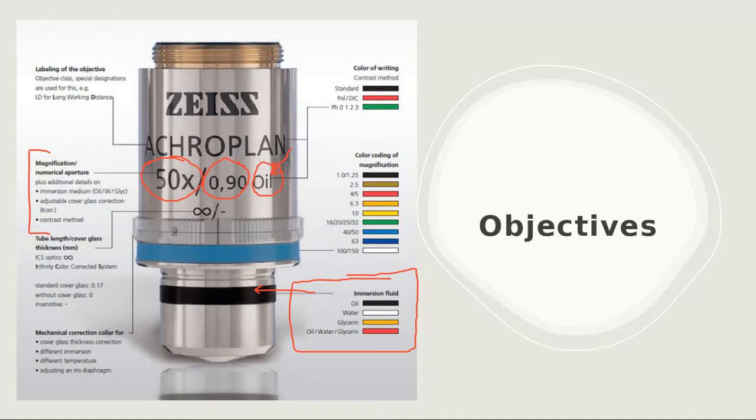Because the color of the writing is black, it's a standard objective. If it was red, then you could use it for polarized or DIC illumination. Really, those are the main things to pay attention to.